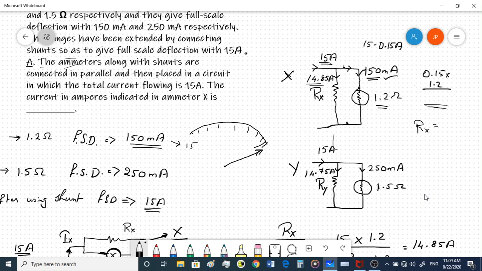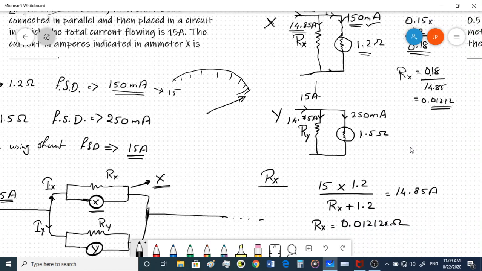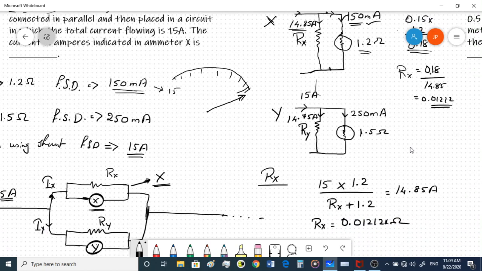You will get the same value. So here you will get it as 0.18 divided by 14.85, you will again get it as 0.01212. This is an easier way to calculate what is the resistance.